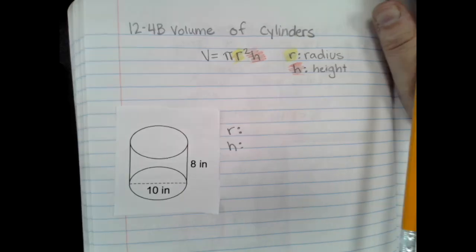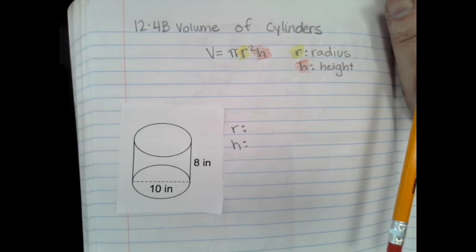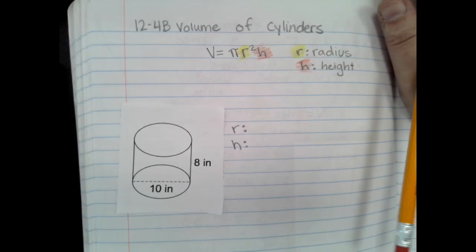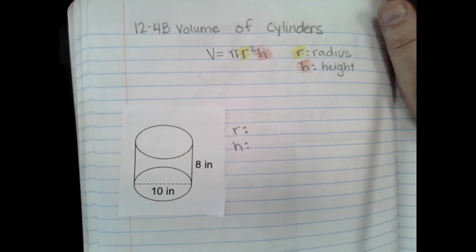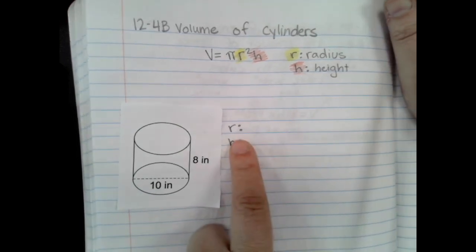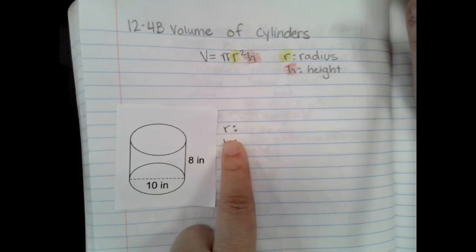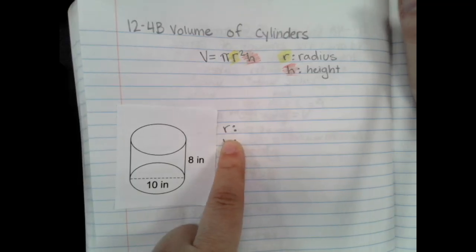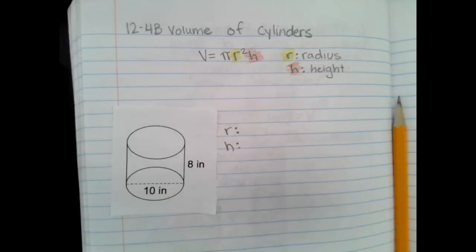The biggest challenge today is literally going to be determining the radius. Remember, radius goes how far across? Halfway. Good.